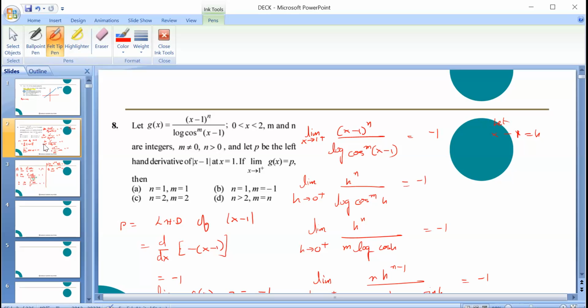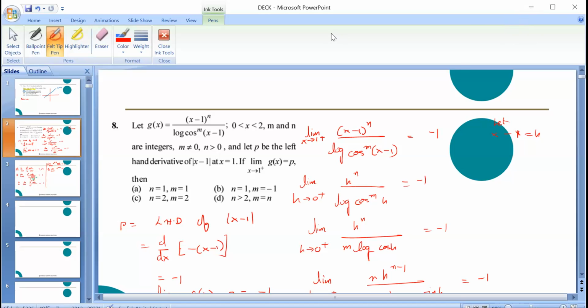If you see, m and n are integers. M is not 0. N is greater than 0.